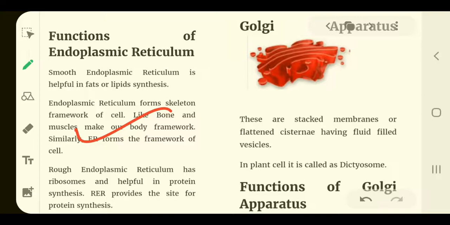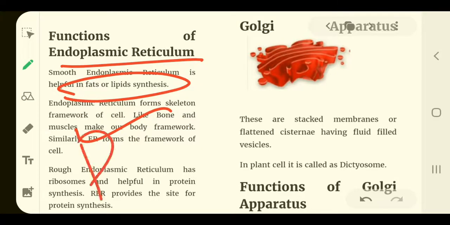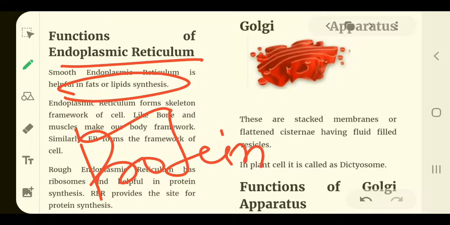But you should know the endoplasmic reticulum's main job is the synthesis of fats and lipid molecules. And of course they provide the surface for protein synthesis. So just write lipid synthesis or fat and protein synthesis. These are some important jobs for the endoplasmic reticulum.